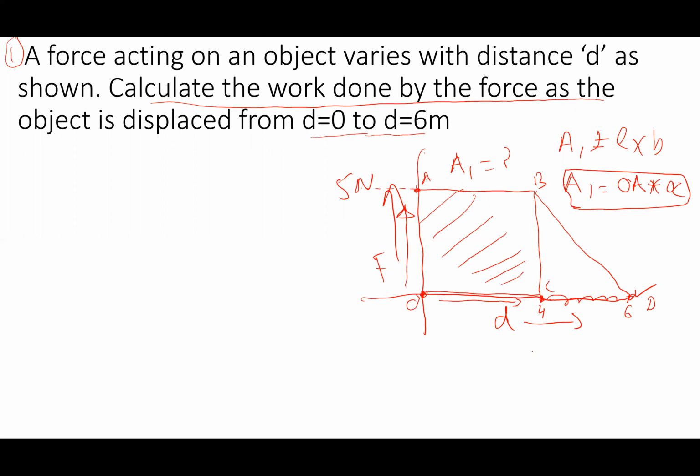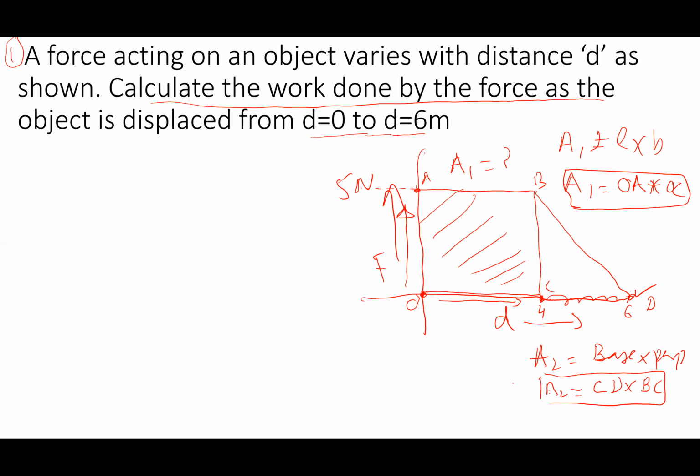And the area of the triangle is A2, equal to base into perpendicular. Base in this case is CD multiplied by the perpendicular. Use this formula, you will find the area.